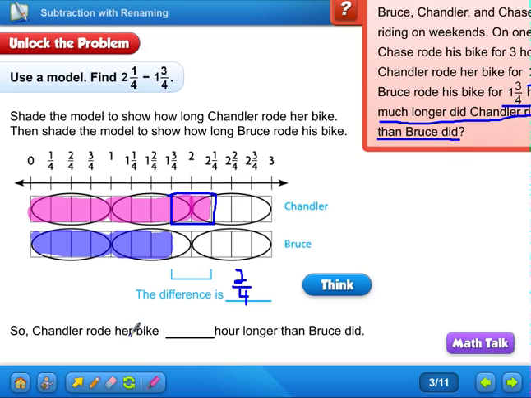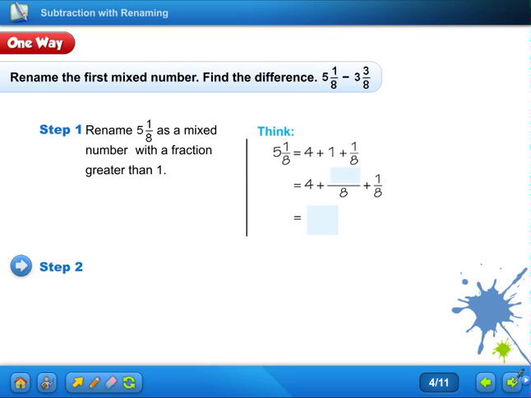So Chandler rode her bike 2/4 of an hour. Can we simplify that? Divide by 2, divide by 2, you get 1/2. Perfect.